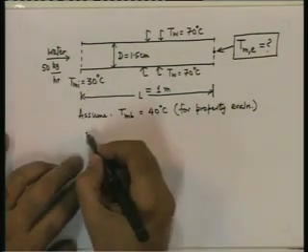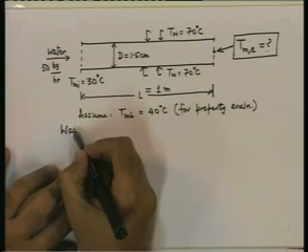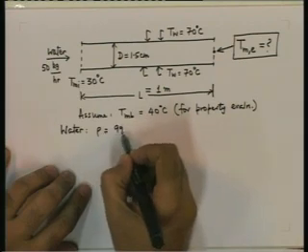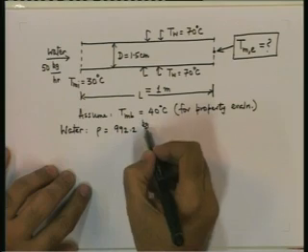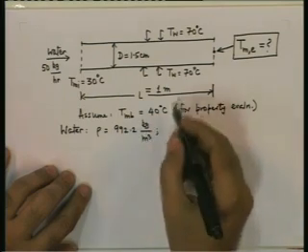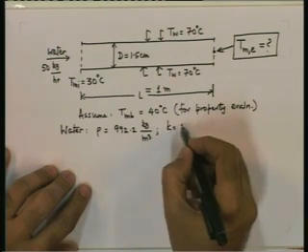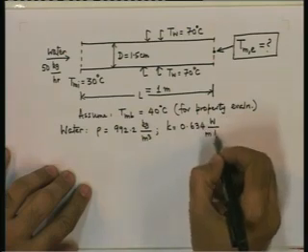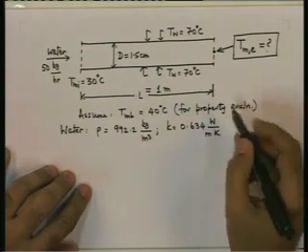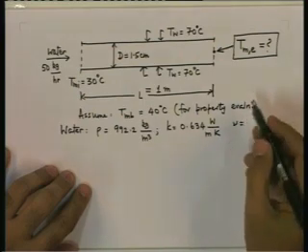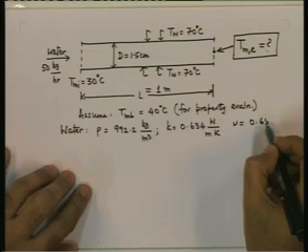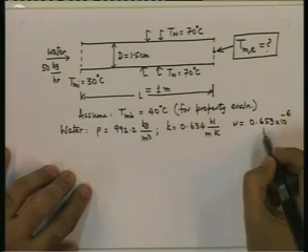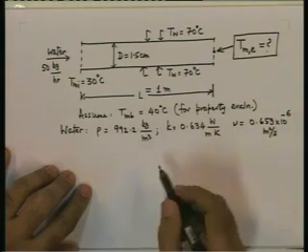Again, I will list out the properties for water. Rho 992.2 kg per meter cube, K 0.634 watt per meter Kelvin, nu 0.659 into 10 raised to minus 6 meters square per second.